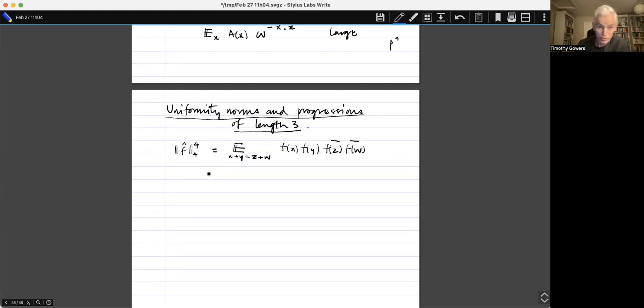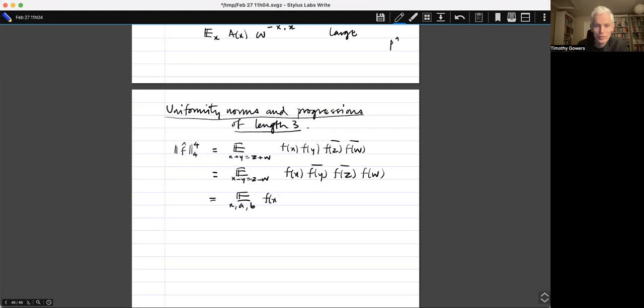And we can write this in all sorts of ways. Another way we wrote it was x minus y equals z minus w, f(x) f(y) bar f(z) bar f(w). And we can also write it in the following way by changing variables slightly.